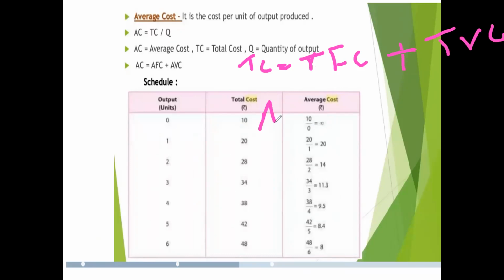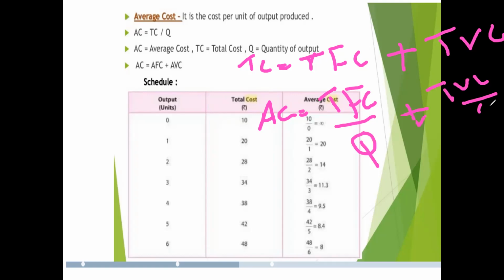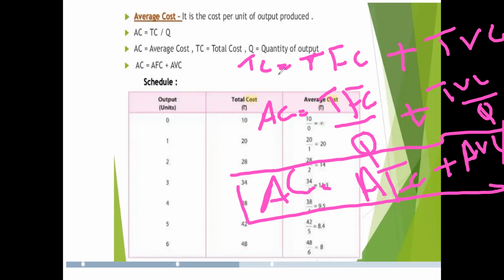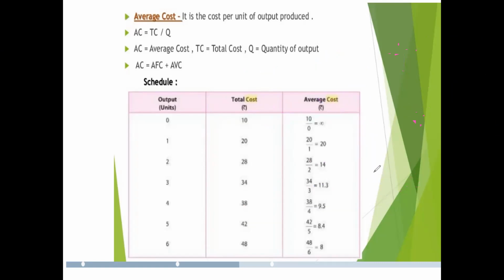Then if you want to calculate the average cost of both, dividing TFC by Q and TVC by Q, we can separately calculate how much the average fixed cost and average variable cost are. Right? And then calculate the average cost. Then how do we calculate it? Separately.